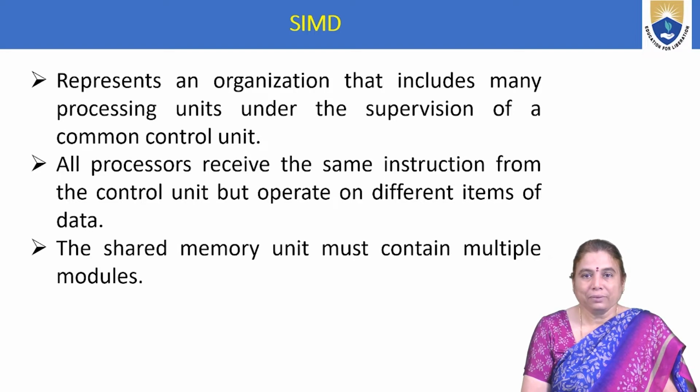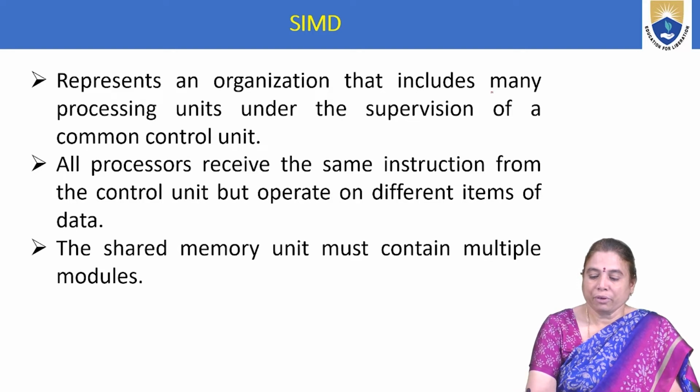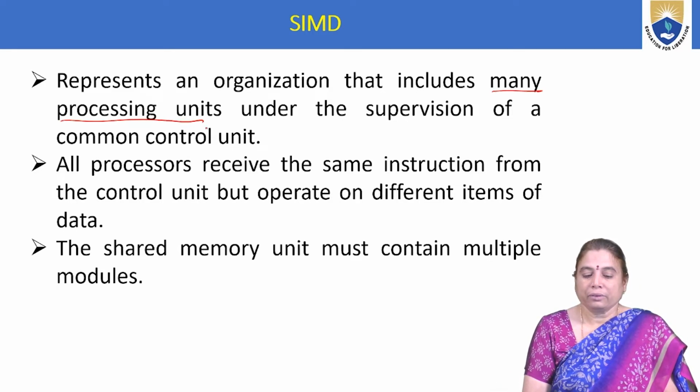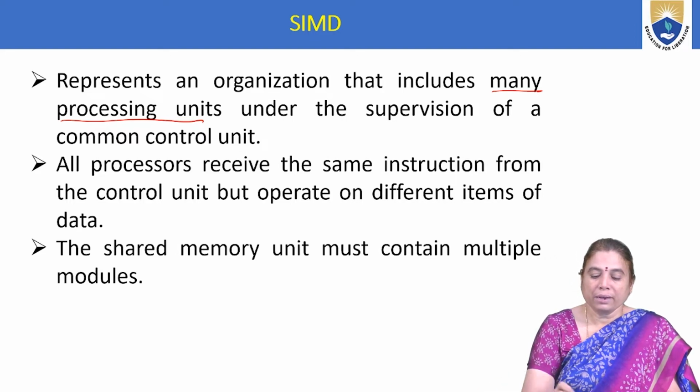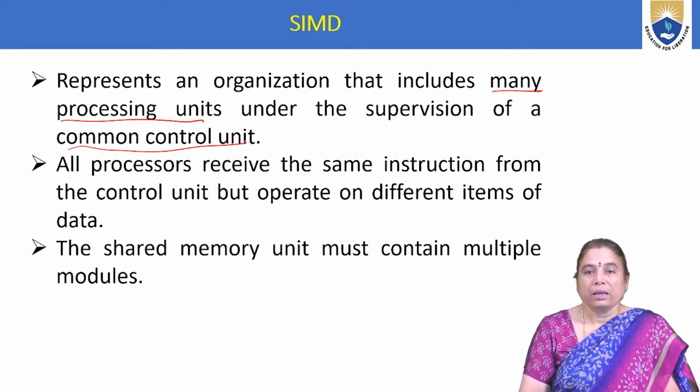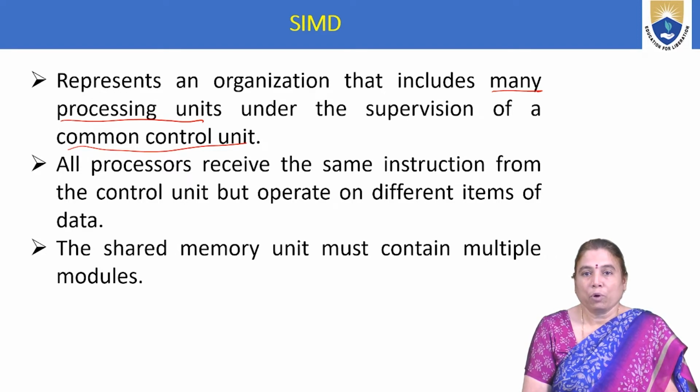So, it represents an organization that includes many processing units. Multiple processing units are employed under the supervision of a common control unit. So, a single control unit can monitor and control multiple processing units in case of SIMD architecture.